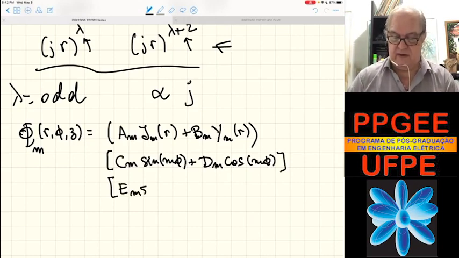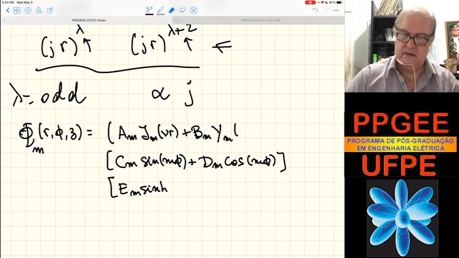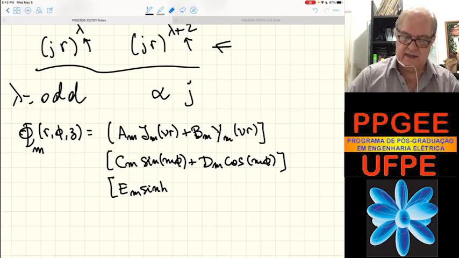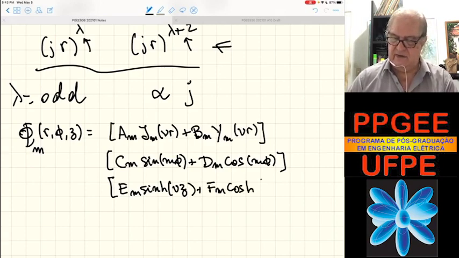Then I'm going to have a hyperbolic sine of nu r, we still don't know what nu is, something like that, nu z, plus Fm cosine of nu z.